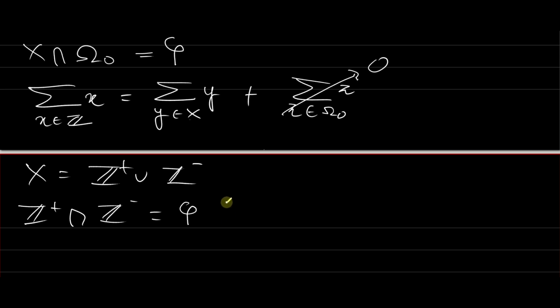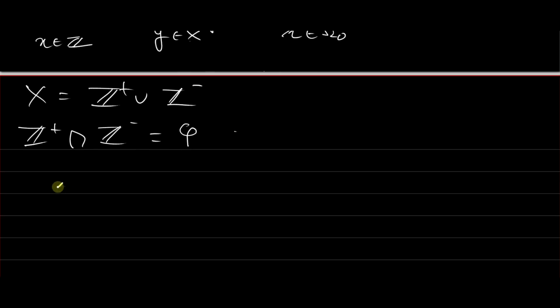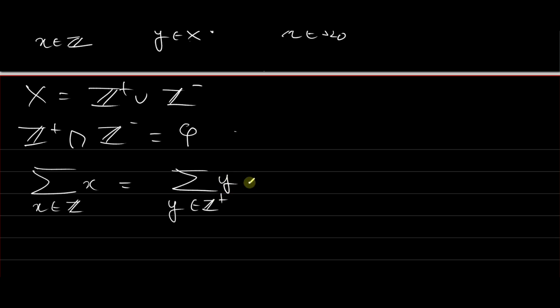Remember our third property? Let's define it right here. Sigma x belonging to X is equal to sigma y belonging to Z plus, y, plus sigma z belonging to Z minus, z. So far.